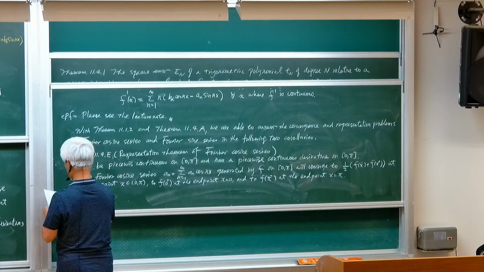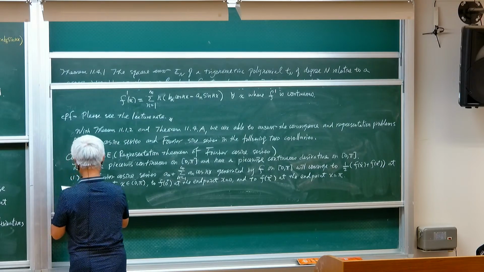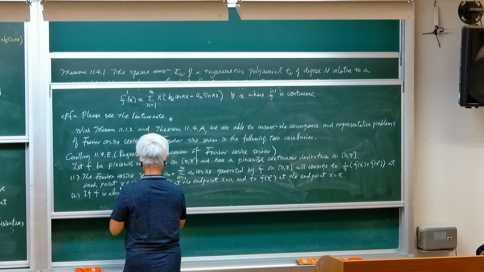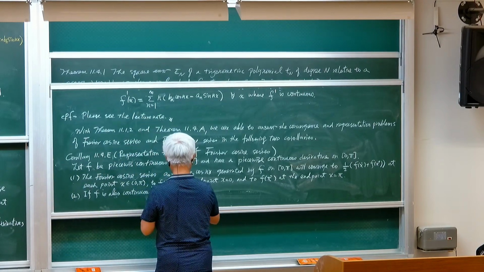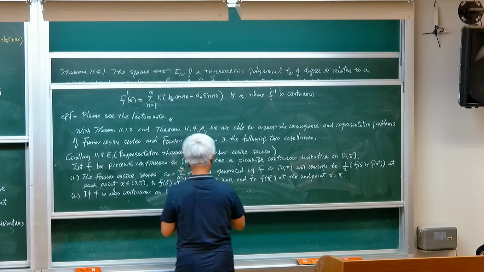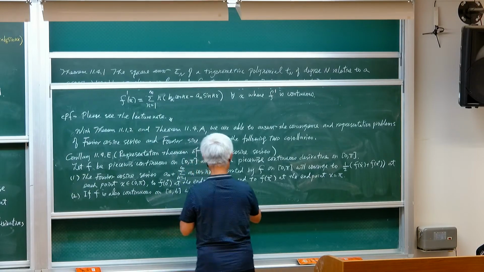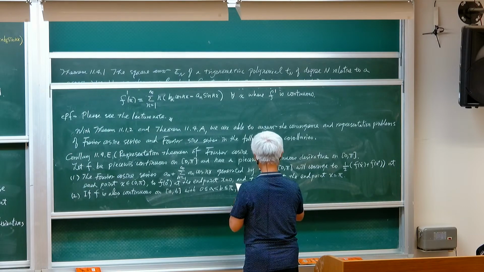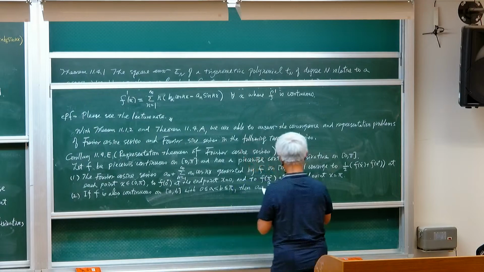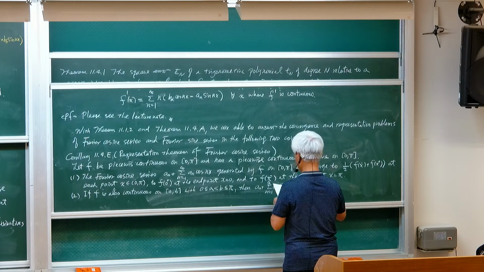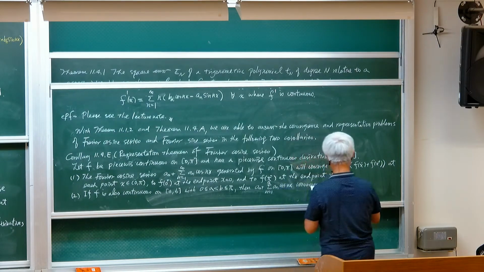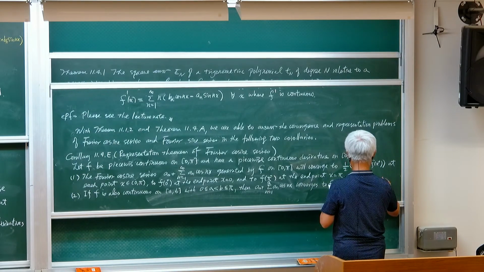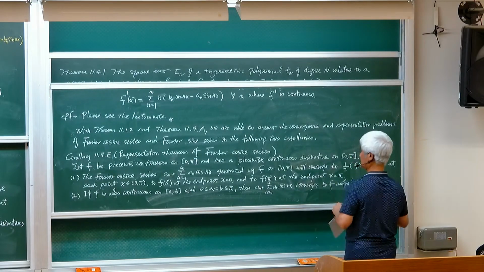And second, if f is also continuous on [a, b] with a greater than or equal to 0 and b less than or equal to pi, then the Fourier cosine series converges to f uniformly and absolutely on [a, b].